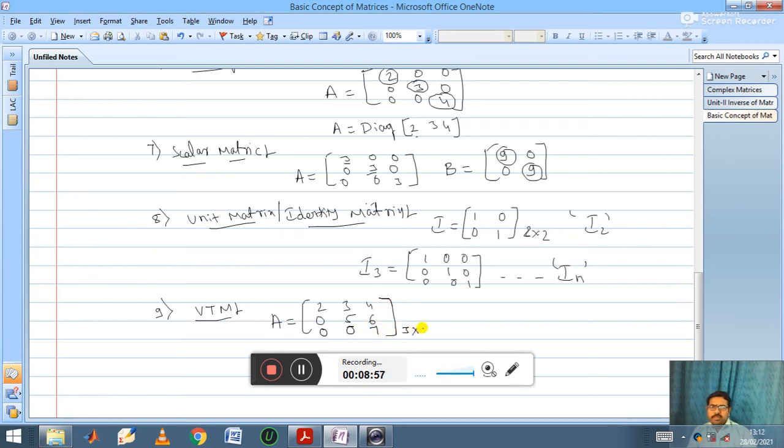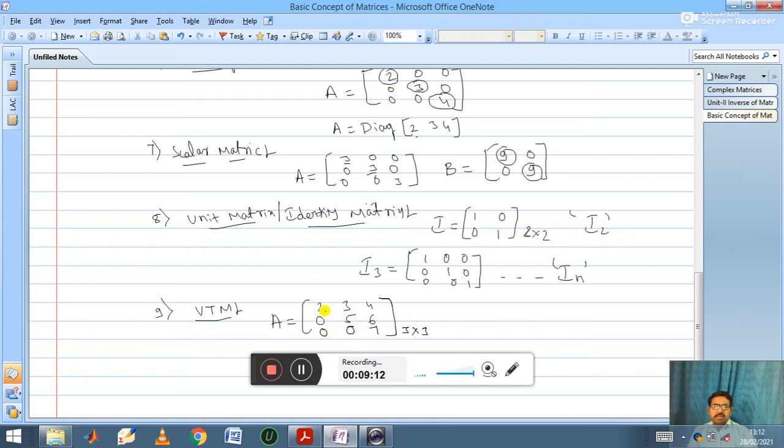So this matrix is a 3 cross 3 matrix. The first row elements are 2 3 4, the second row elements are 0 5 6, and the third row elements are 0 0 7.